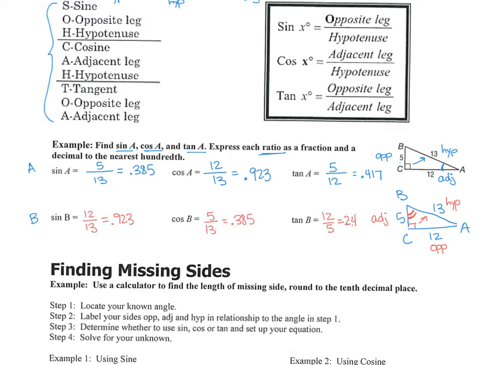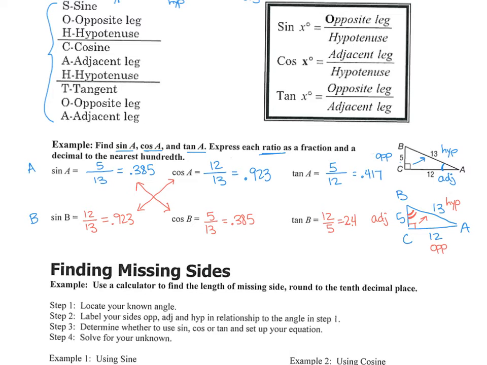Welcome back, Geometry. I hope you got the correct fractions and the correct decimals for our angle B. I hope you noticed that the sine of B and the cosine of A are the same value, and the sine of A and the cosine of B are also the same value. There's also a relationship between my tangents.